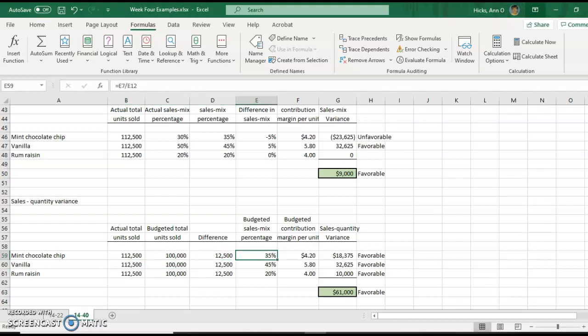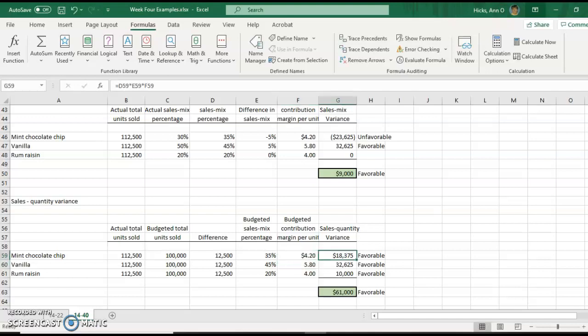Then we take that, we determine the budgeted sales mix percentage, which we have from above, and then the budgeted contribution margin per unit, which we have from above.